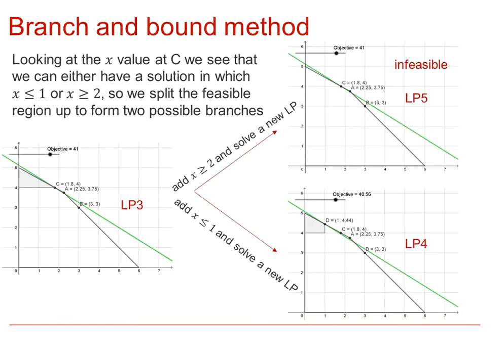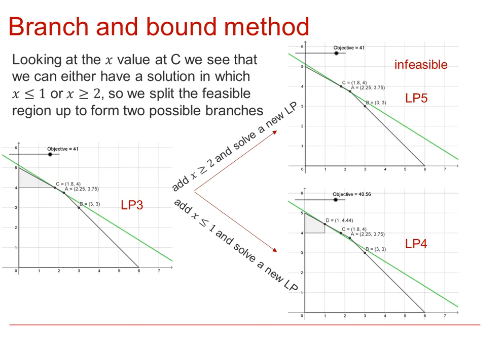Looking at that x value at C, we can see that we can either have a solution in which x is less than or equal to 1 or x is greater than or equal to 2. So again, we split the feasible region up to form two possible branches. As you can see from the graphs, these would be LP5 and LP4.